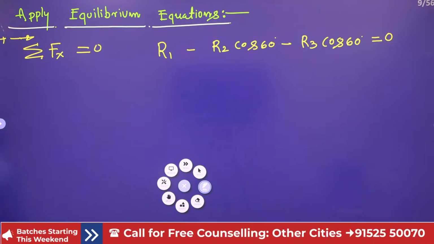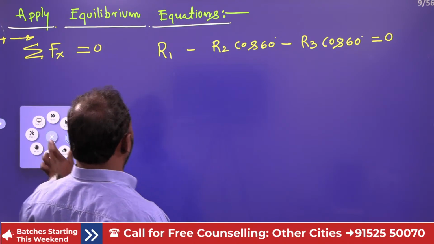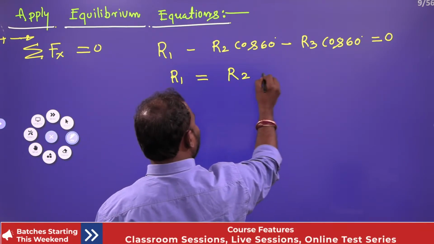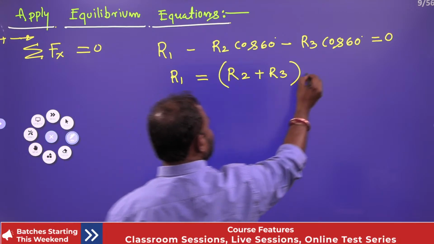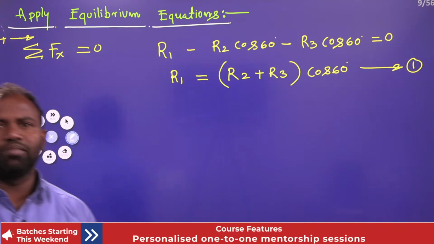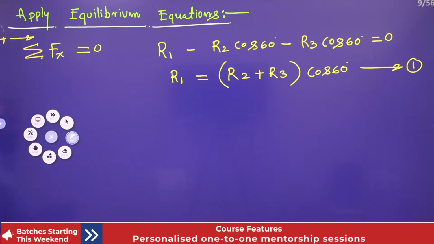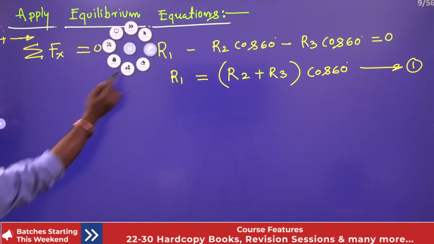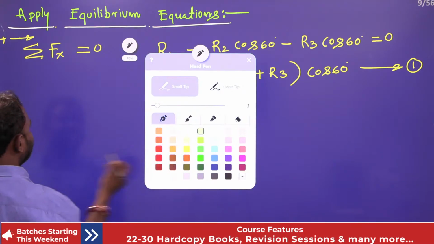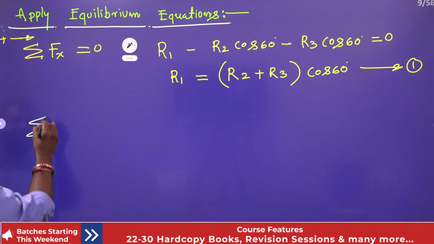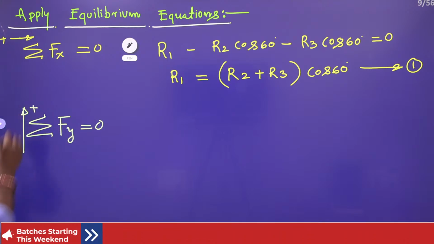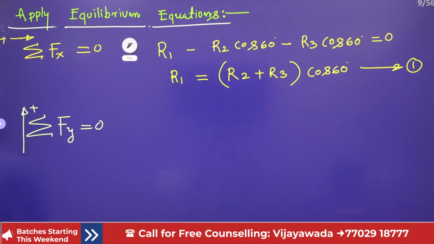Let us say this is equation number 1: R1 equals R2 cos 60 plus R3 cos 60. Now similarly apply sigma Fy equal to 0.